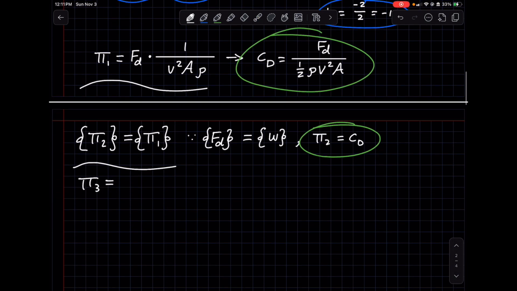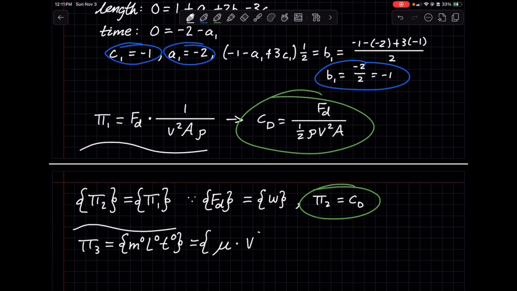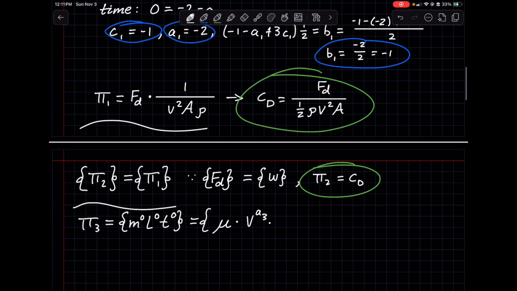So we can start this off the exact same way by saying that our mass to the 0th power, length to the 0th power, and time to the 0th power is all equal to our kinematic viscosity multiplied by v to the a3, since we're on pi 3 now, multiplied by a to the b3, multiplied by our density, rho, to the c3 power.